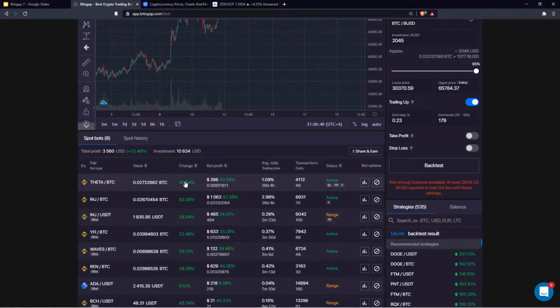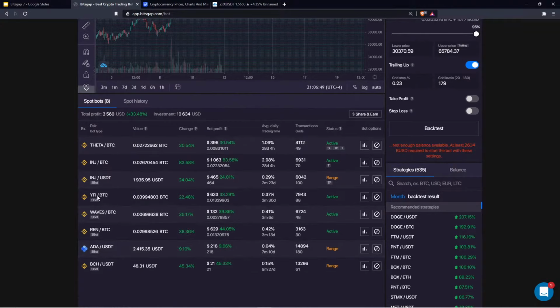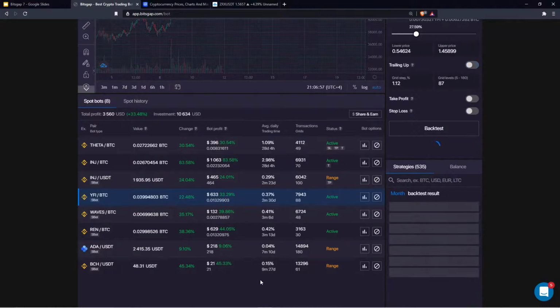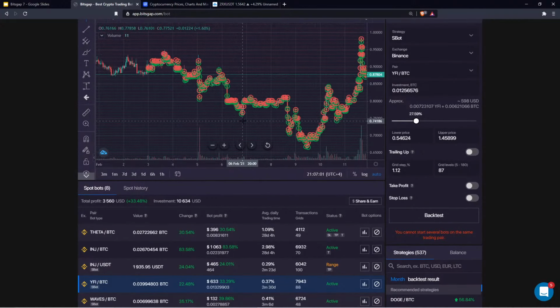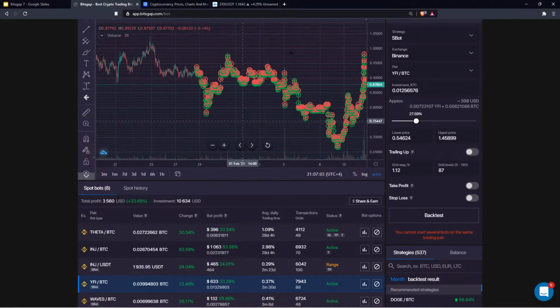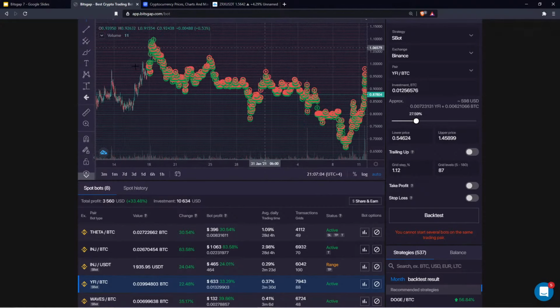Okay. It can be that your investment change is lower than the bot profit, for example, like you see here for Yuffie, my investment change is 22%, but the bot profit is 33%. How come that this is like this? It's because even though it's been trading for me and generated returns, you see now it's falling.